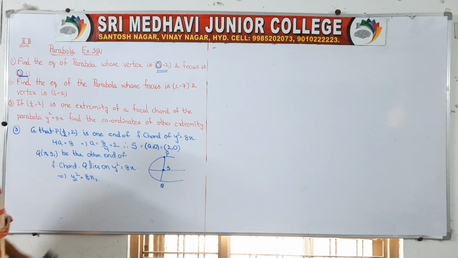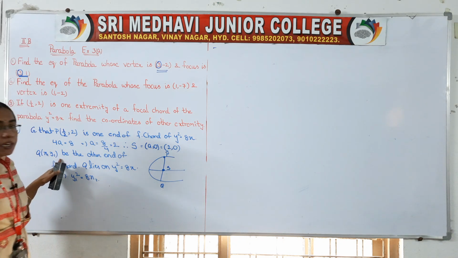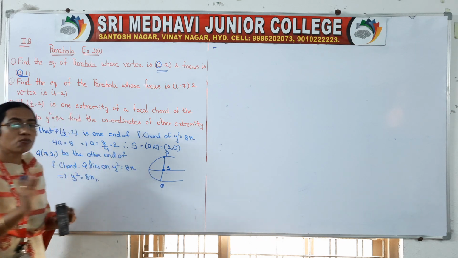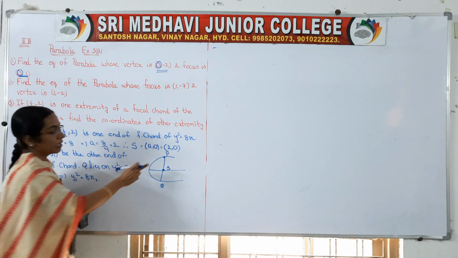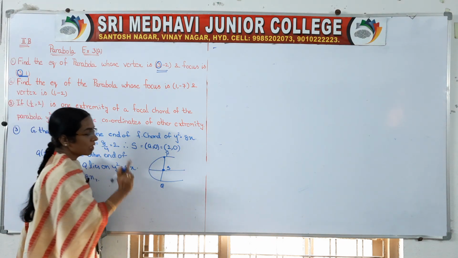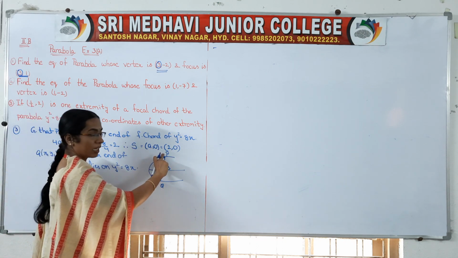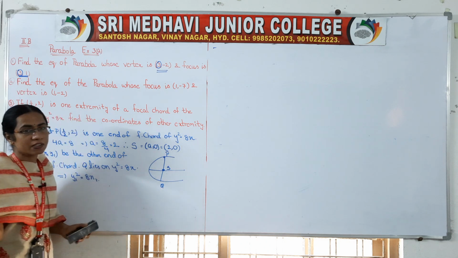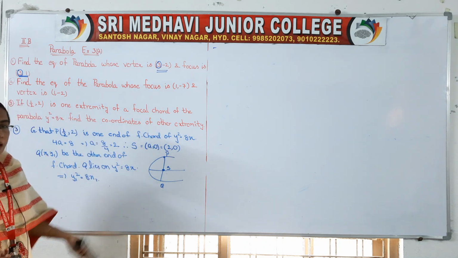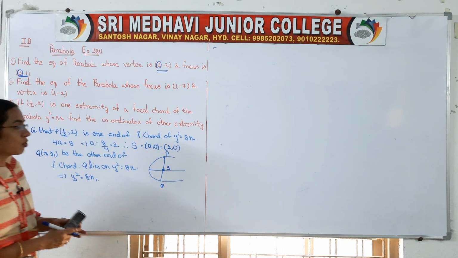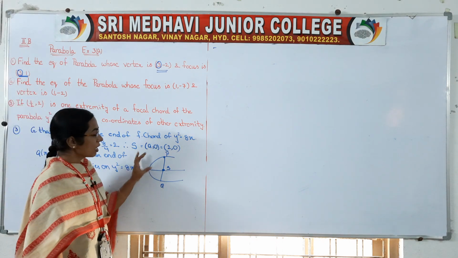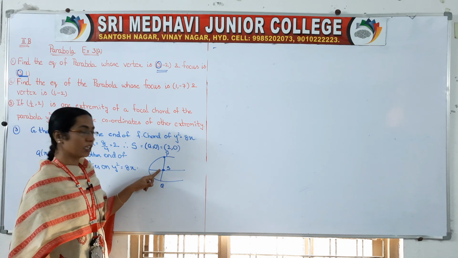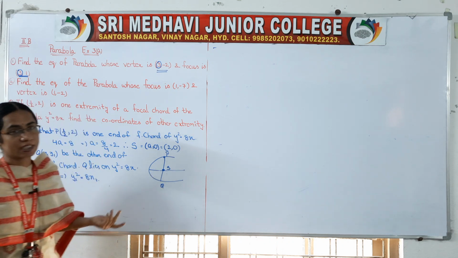How will we find this x1, y1? PSQ is a focal chord, so it is a line. If I take the line SP and if I take the line QS, both represent the same line.